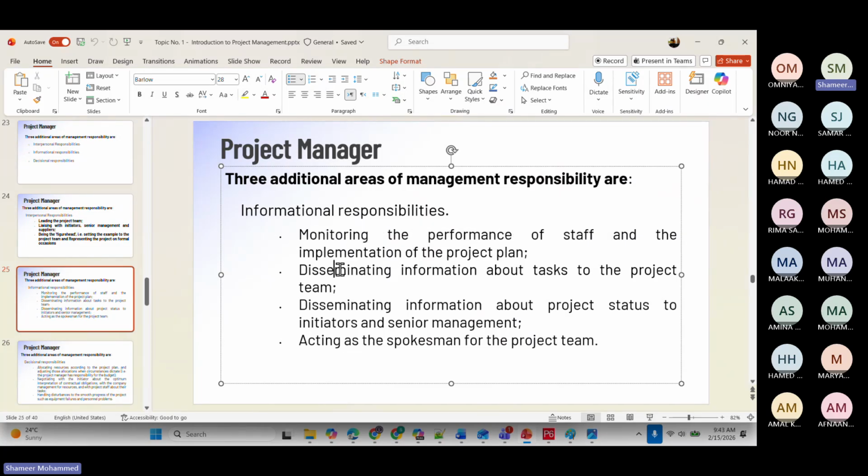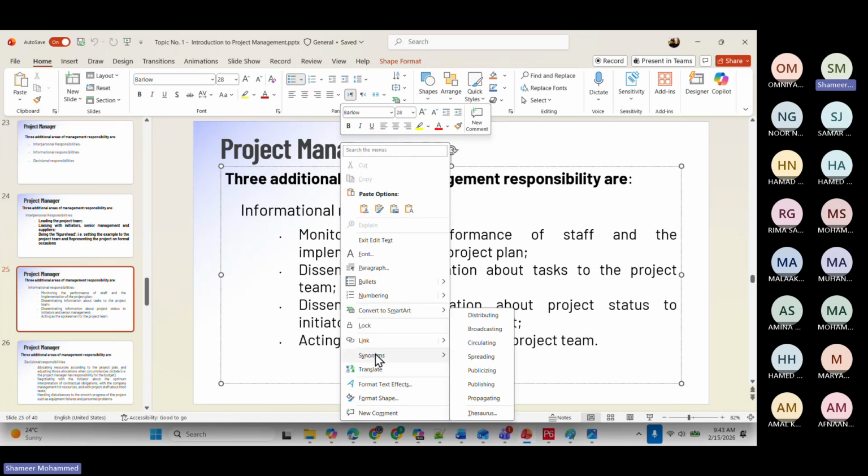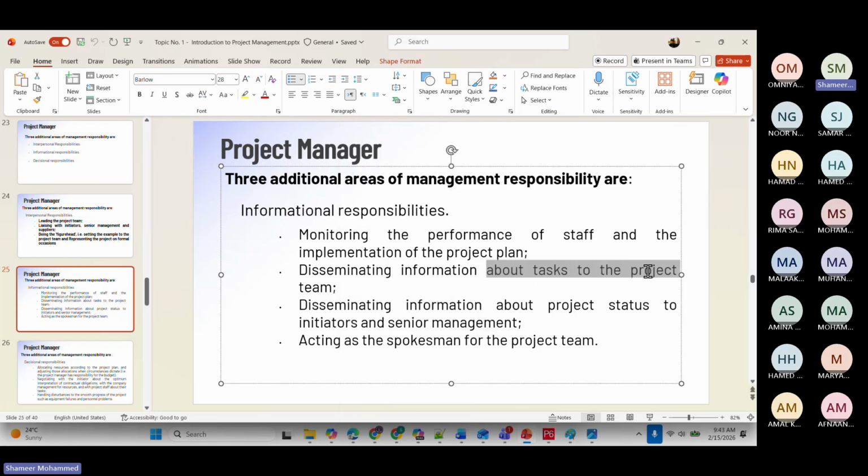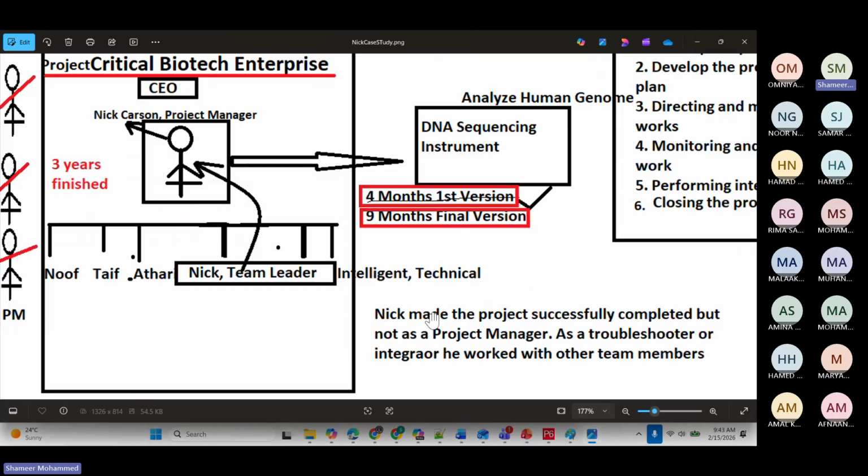And disseminating means distribute the information, broadcast, circulate the information about the tasks of the project. So what Noof has to do in this project, what Taif has to do, what Amina has to do, what Athari has to do, what Abdullah has to do, what Muhammad has to do.